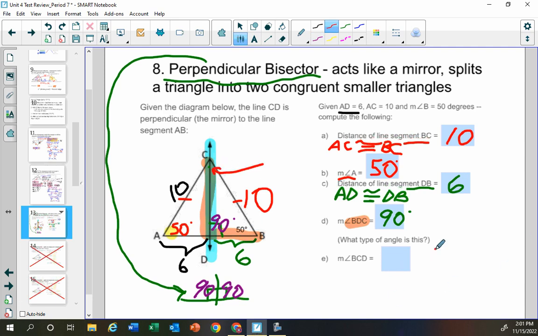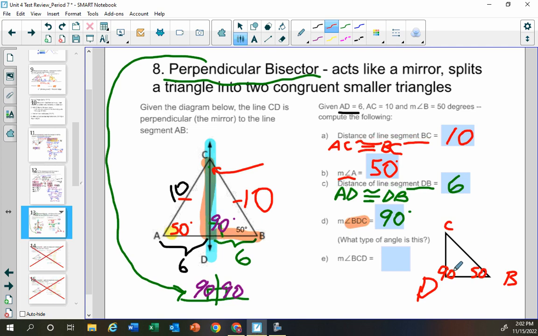But you know something. Here's what you know. Let me redo that. I'm going to show you one other thing that might be useful for you. So let's say C, D, D. This angle was 50. This angle was 90.